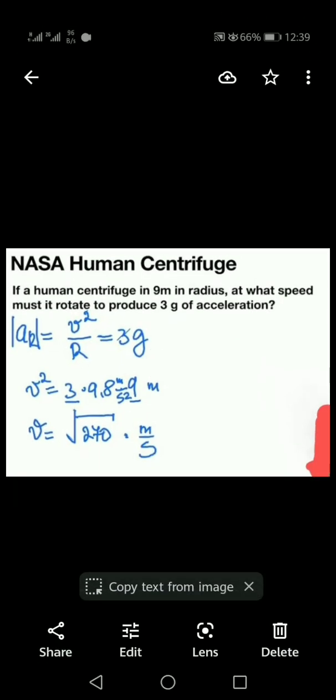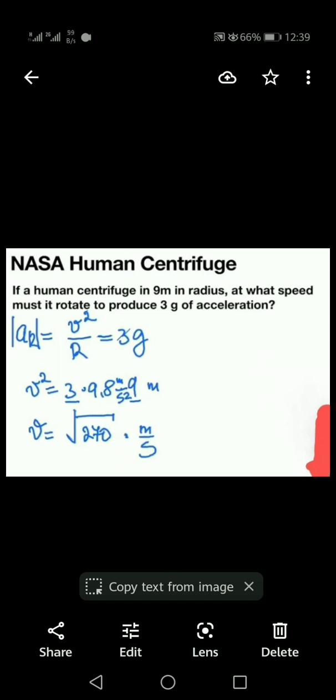Let's look at this question. If a human centrifuge is 9 meters in radius, at what speed must it rotate to produce 3g of acceleration? Now we have the radius to be 9 meters, and the question is requesting the speed, which is the velocity.